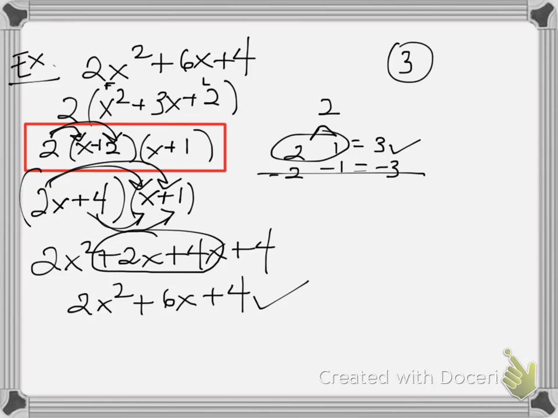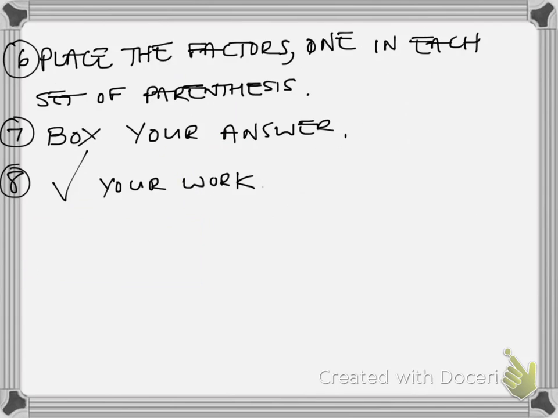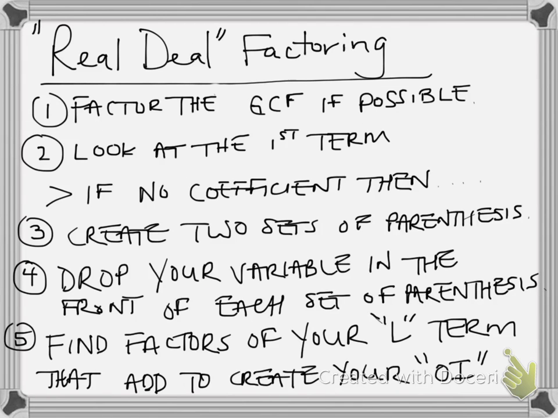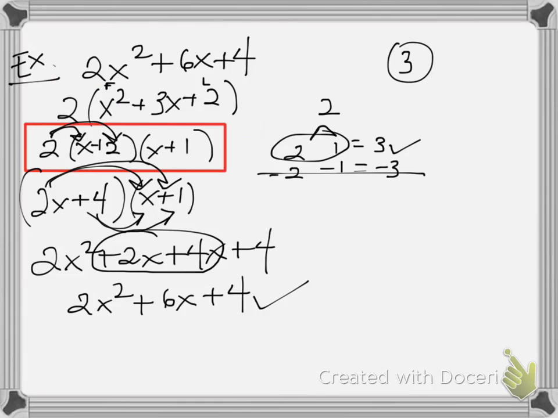Now, let's go back to our steps real quick. In our steps, we said, look at the first term. If no coefficient, then. Okay? We're going to change this. We're going to go ahead and create some new steps. Here's some new steps that we're going to create.